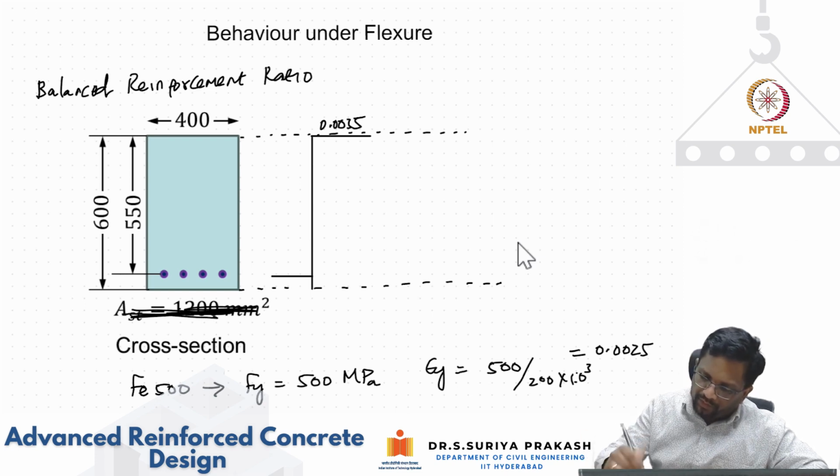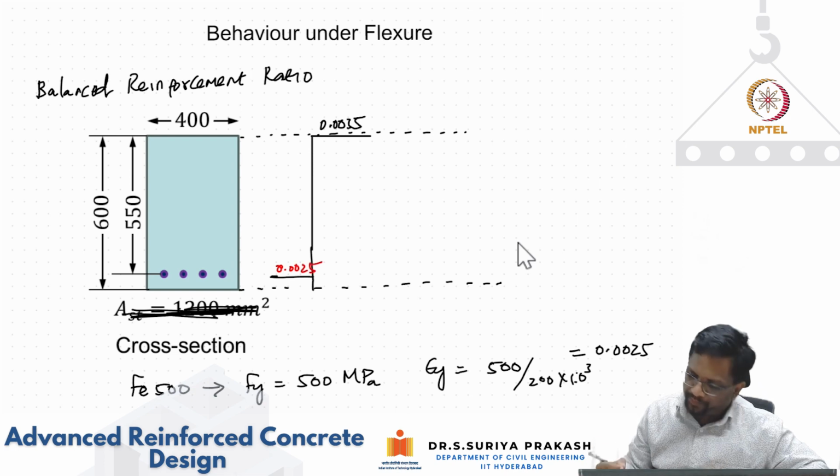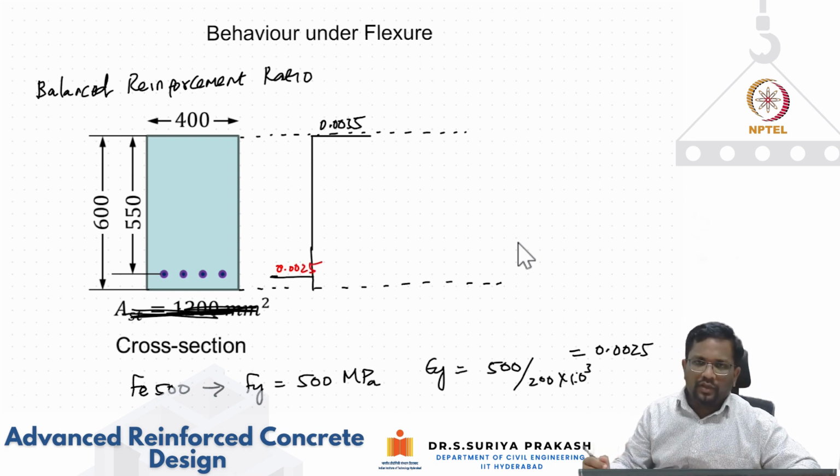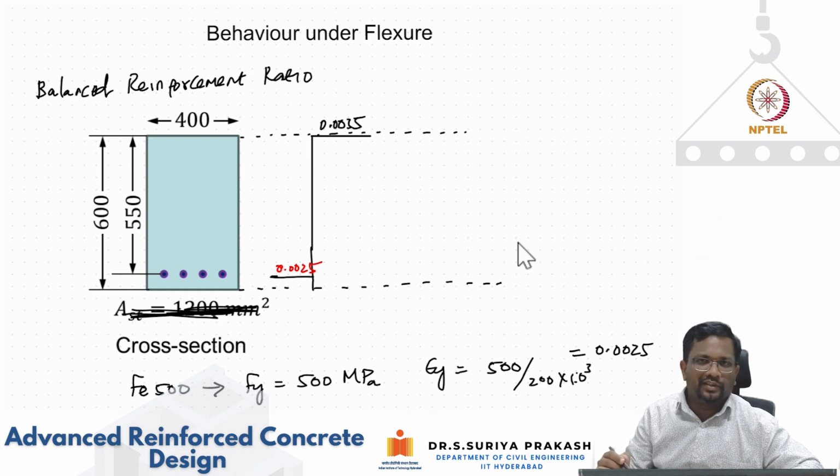Okay, so this is the balanced condition. So what is the balanced condition? Concrete at top reaches its failure strain of 0.0035. Steel on the tension side reaches its yield strain of 0.0025 simultaneously.